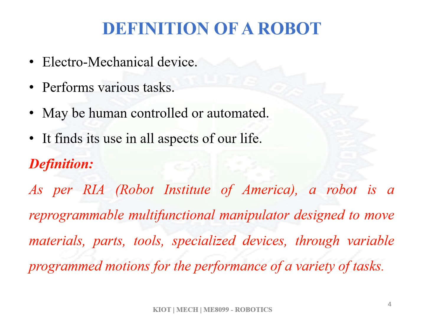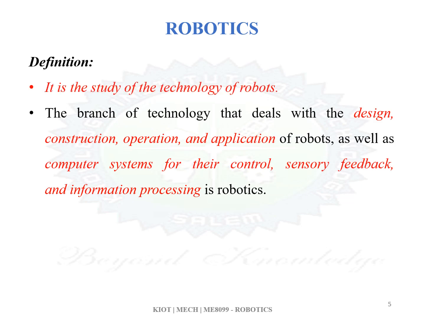The next topic is robotics. What is meant by robotics? Robotics is a branch of technology, like the subject we are learning now, and robotics is the study of that technology. It is the branch of technology that deals with the design, construction, and application of robots. These are the things we are going to see in the whole course of robotics: how we design, construct, operate and apply robots.